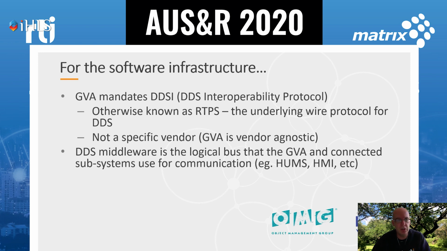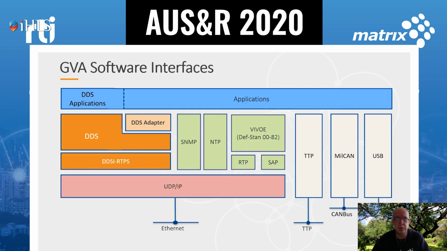In fact, in the GVA standard, what is mandated is what's called DDSI, which is the DDS interoperability protocol, otherwise known as RTPS. That's the low-level protocol on which DDS works. And also in the specification, it specifically says that this is not vendor specific.